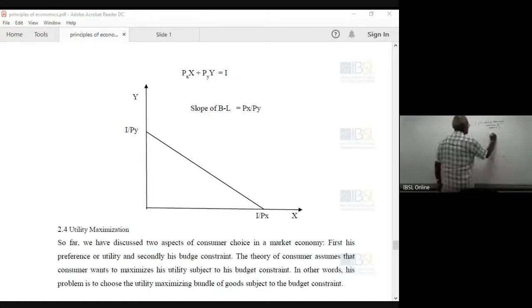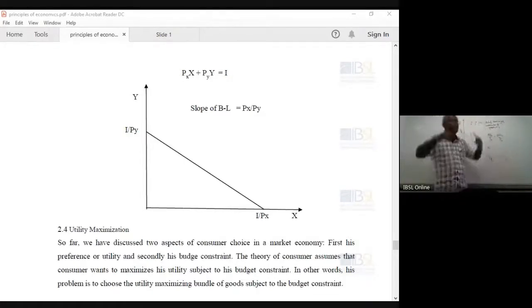MUx over Px is equal to MUy over Py. What does that mean? Marginal utility per rupee on X equals marginal utility per rupee on Y. Same marginal utility: you spend a rupee on X, the same rupee on Y, you get the same marginal utility.